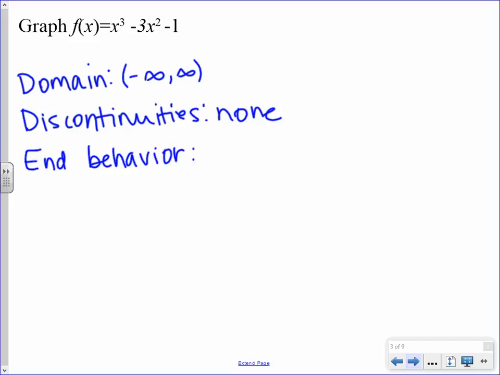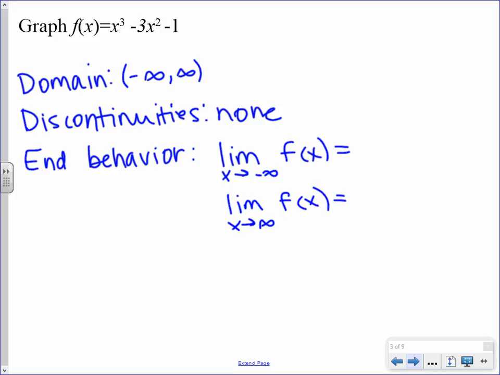End behavior means what's the limit as x goes to negative infinity, and what's the limit as x goes to positive infinity. Okay. Remember, this is a polynomial. It looks like there's a positive leading coefficient, and it's an odd degree. Okay.